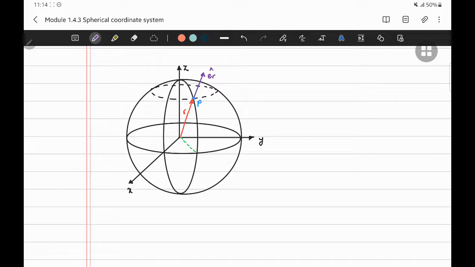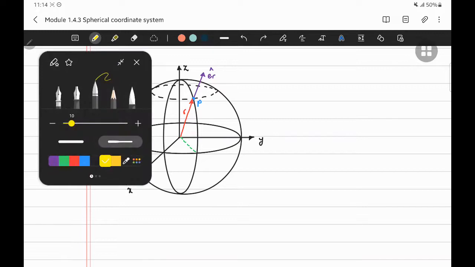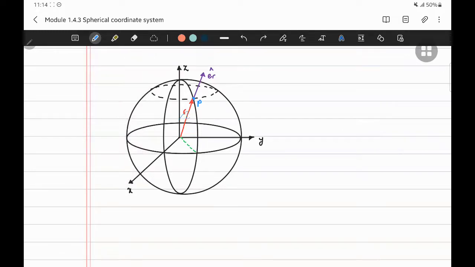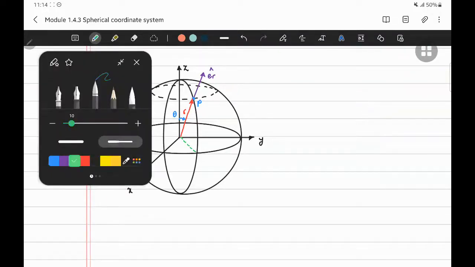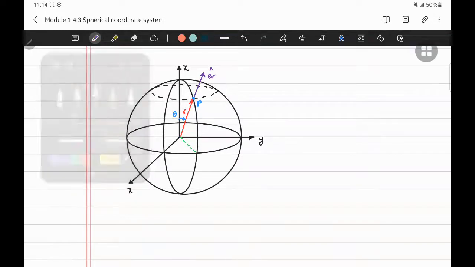The theta is basically increasing in this direction. This is E theta.